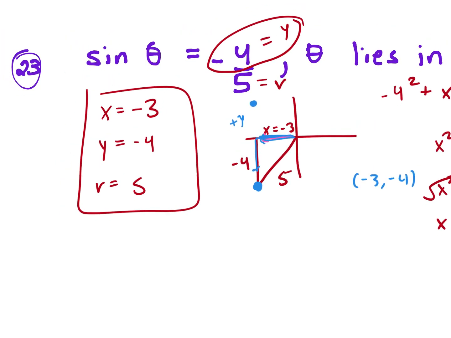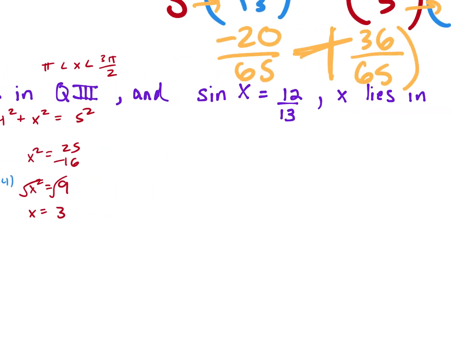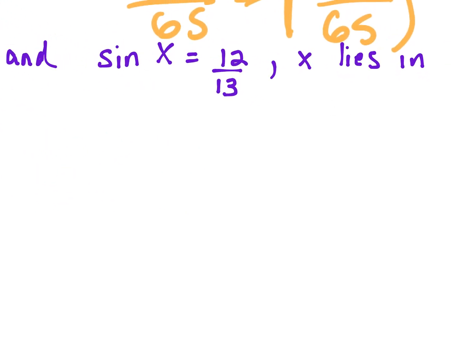Okay, so this is our theta triangle. Now let's do the same thing for our x triangle here. So again, sine is what over what? Y over r. So I need to figure out what x, y and r are. Y is 12, r is 13, and I'm in quadrant 2.